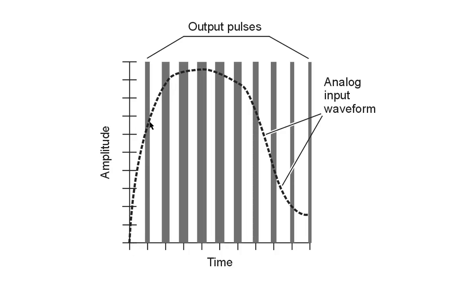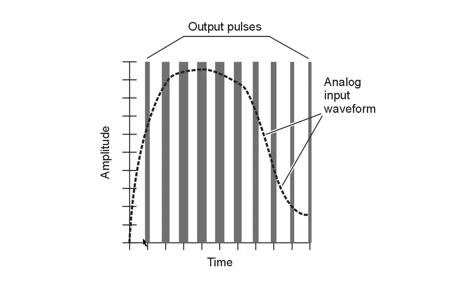Notice here the input analog waveform, this heavy dotted line. As the amplitude of that waveform increases, notice that the pulse width or the pulse duration also increases.